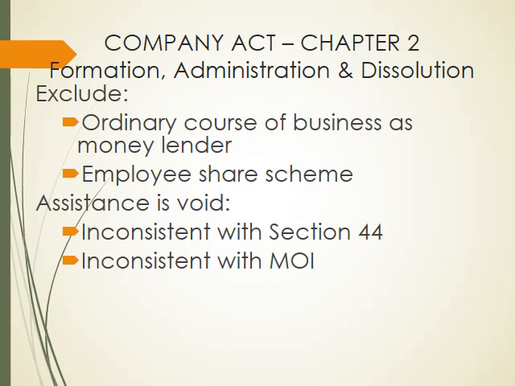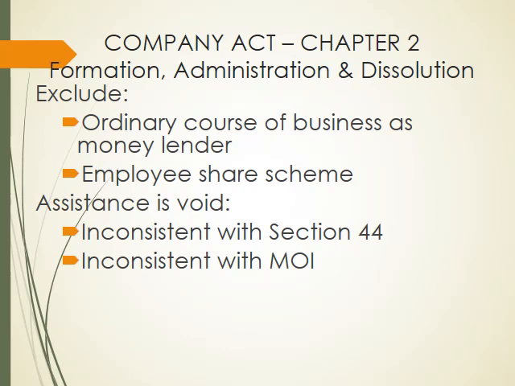The exceptions are where the financial assistance is issued in the ordinary course of business as a money lender. So if the company itself is a money lender, a bank, a financier, and where they give financial assistance as part of their ordinary activities, then these requirements do not have to be met.